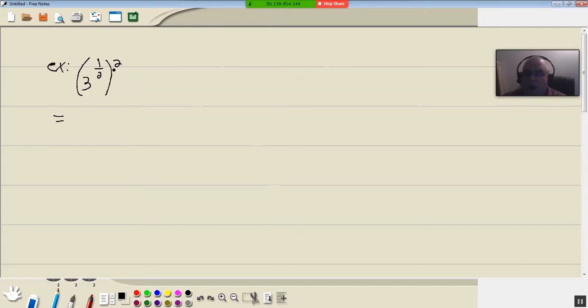Well, you think back to your properties that we talked about earlier. When you raise an exponent to another exponent, you multiply them together. So I'm going to have 1/2 times 2. And 1/2 times 2 gives us 1, so that'd give us 3 to the 1st, or 3.